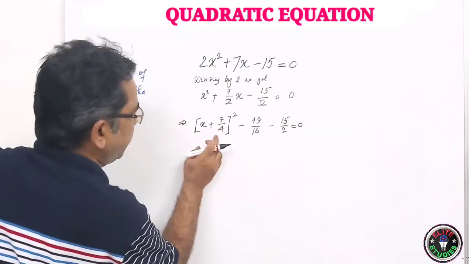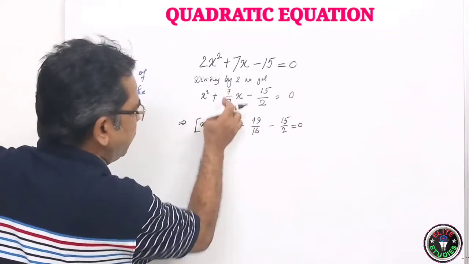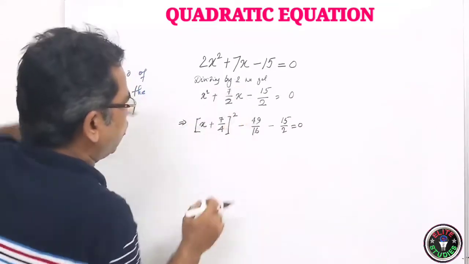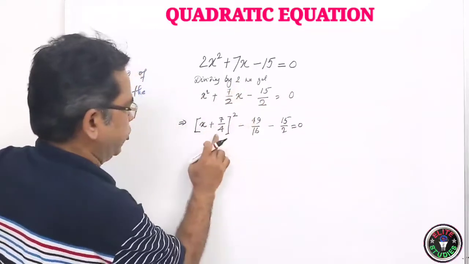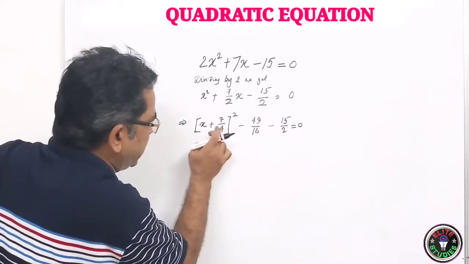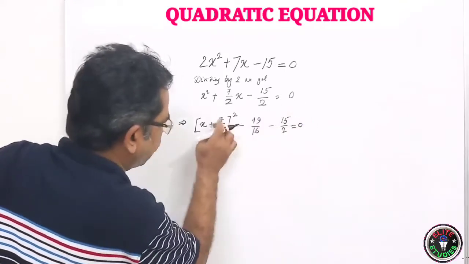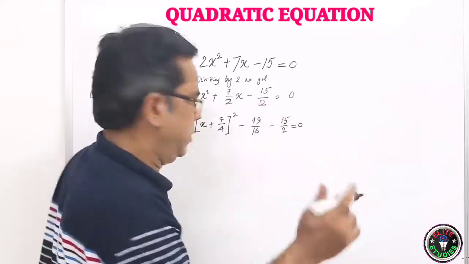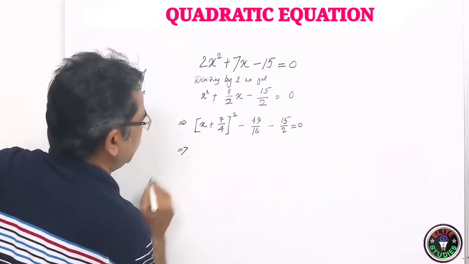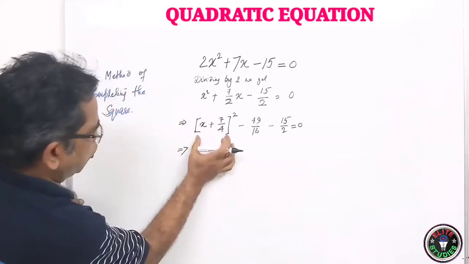How I have got 7 by 4? Whatever coefficient of x is there, you multiply that coefficient by 1 by 2, you will get this one. Then what you have to do is subtract its square. 7 square is 49, 4 square is 16, subtracted. Simple. So now you see, this is called the squaring method.